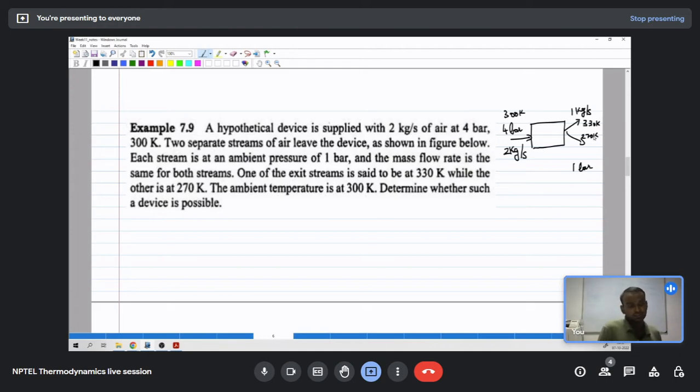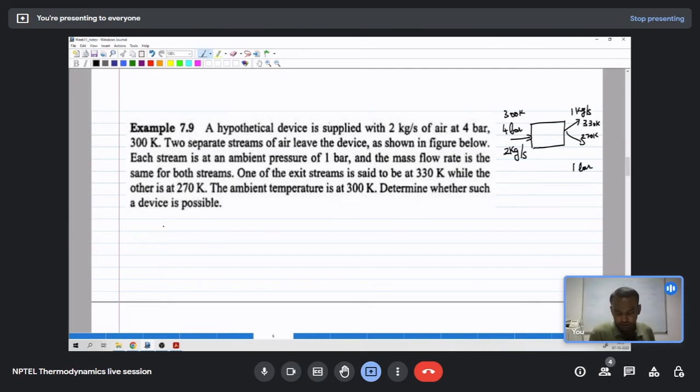To find whether such a device is possible, we can find the entropy change of the system, and if the entropy change is positive or at least 0, we can say it is possible. Otherwise such a device cannot exist.